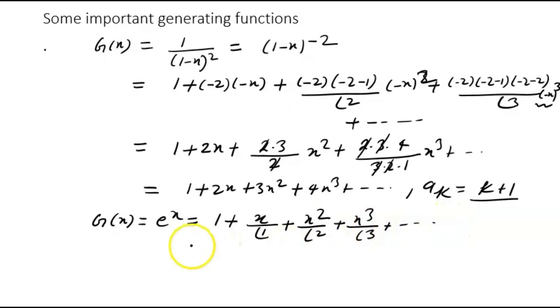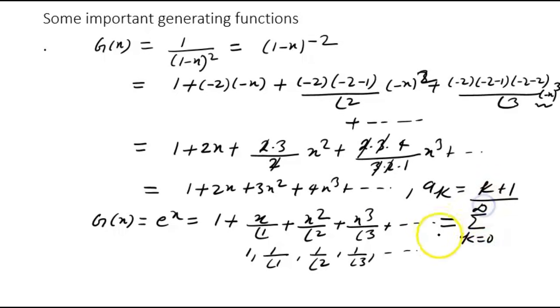If I ask you what sequence you are able to generate, the sequence is 1/1!, 1/2!, 1/3!, and so on. In case I want to write it in the form of a summation, it will look like the summation for k from 0 to infinity of x^k, and here I will write 1 by factorial k, right?